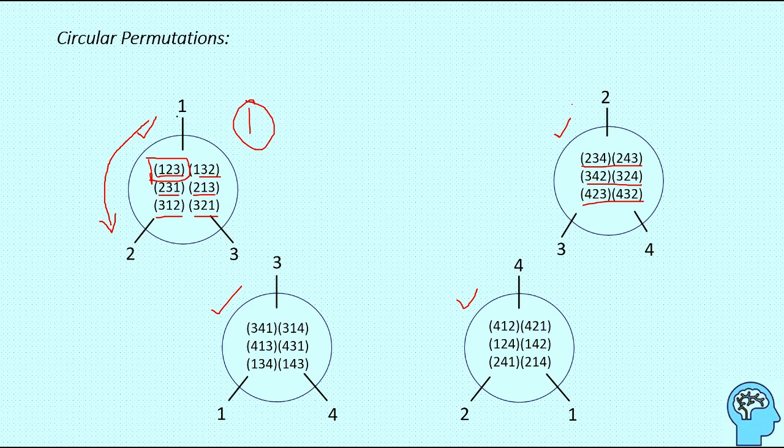The main set 2, 3, 4 is considered in the anti-clockwise direction as one circular permutation. Okay, so this is number 2. Similarly, this is number 3 and this is number 4.